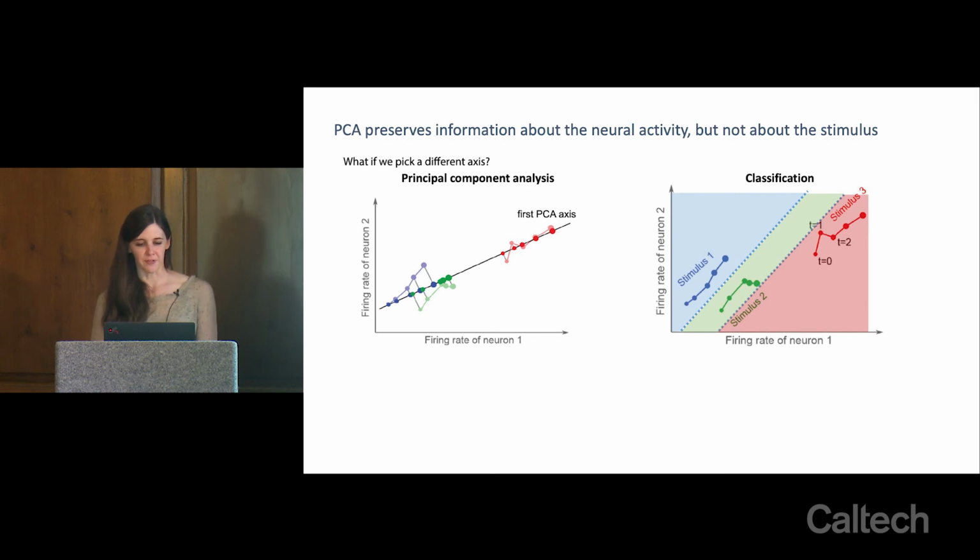Another very different way of thinking about things is to just focus on capturing some known aspect of the signal that's driving the neural activity, and that's what you're trying to do when you do classification. So like PCA, classification is, at its heart, a way of projecting neural activity down onto a dimension, but you're picking that dimension in a way that's going to let you distinguish between different experimenter-defined conditions, like the identity of the stimulus.